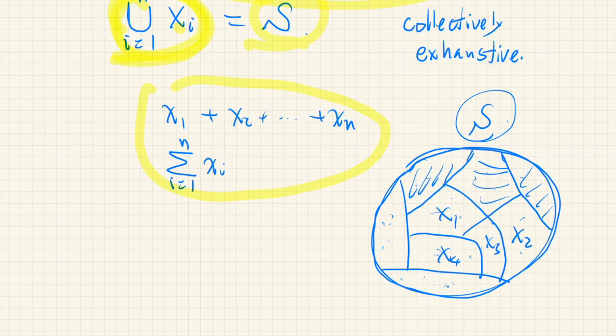So how does this idea of partition relate to equivalence relation? Actually, if we have an equivalence relation, then we can derive a partition based on that equivalence relation. So let's see that. First we define an equivalence class.